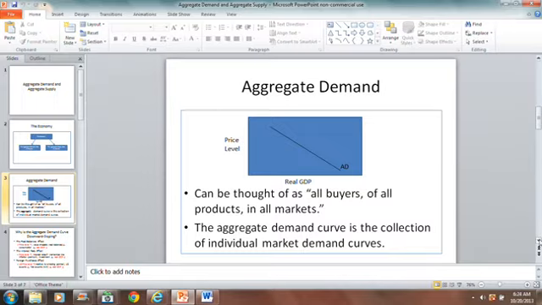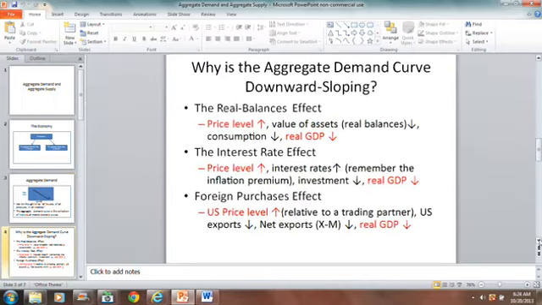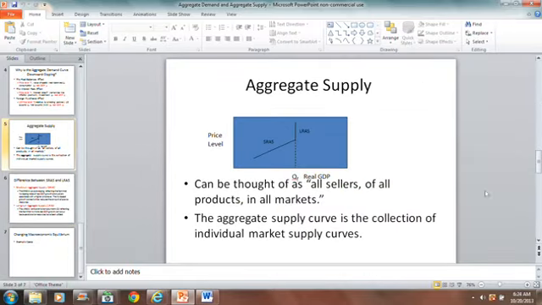Alright. Now, from the aggregate demand curve, we can proceed to the aggregate supply side of the economy. The aggregate supply curve is interesting in the sense that it's upward sloping in part, like we'd expect, but at some point it becomes vertical.